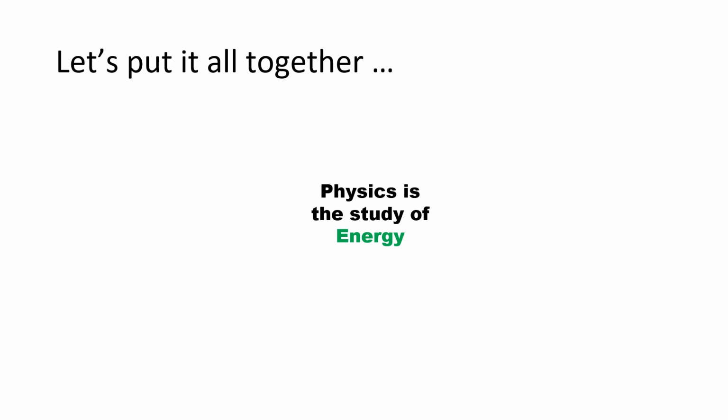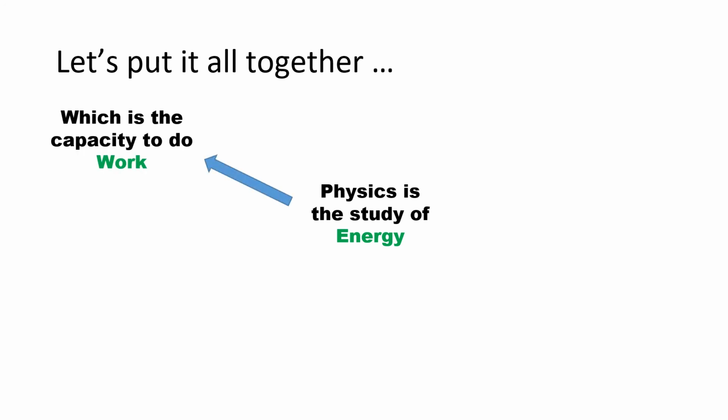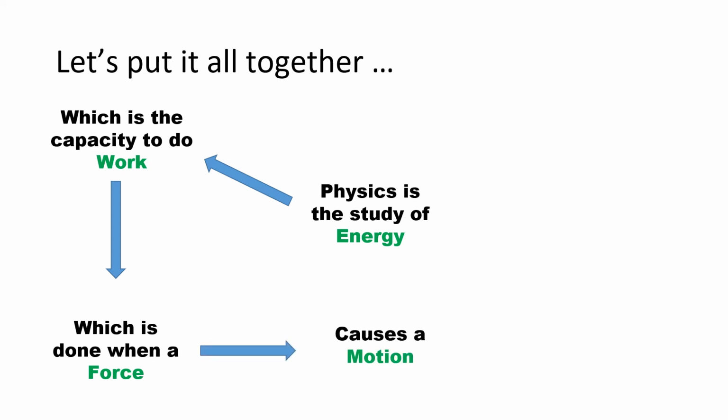So let's stop just for a moment and make a little flow chart here of what we've said so far. Physics is the study of energy. Energy is the capacity to perform work. Work is done whenever a force moves something, causes a motion.